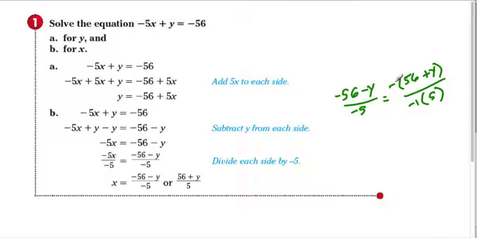I can even put negative 1 here. Taking it one step further, I simply cancel out that 1, and I end up with 56 plus y all over 5. And that's why those two are equal.